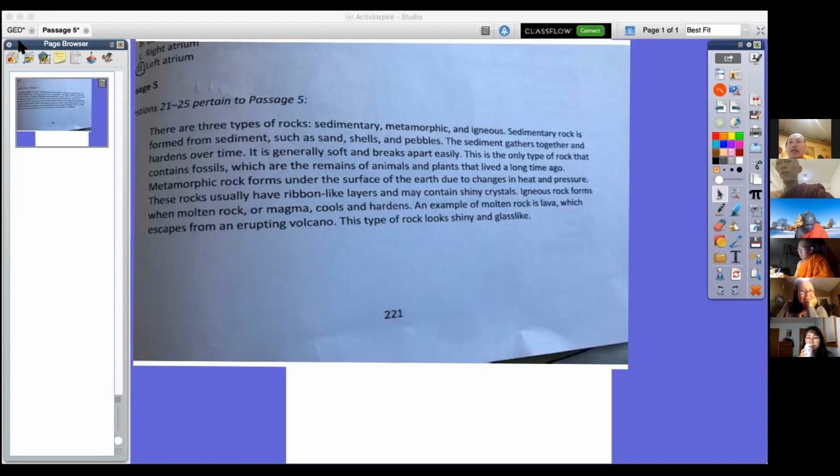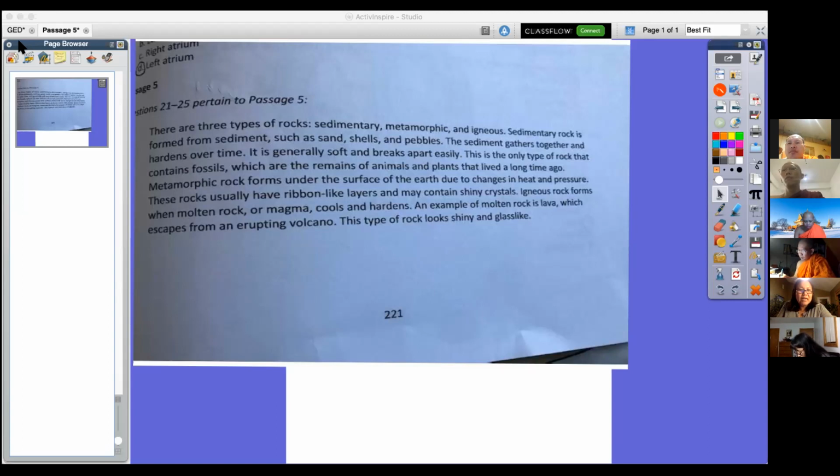Sedimentary rock is formed from sediment such as sand, shells, and pebbles. The sediment gathers together and hardens over time. It is generally soft and breaks apart easily.